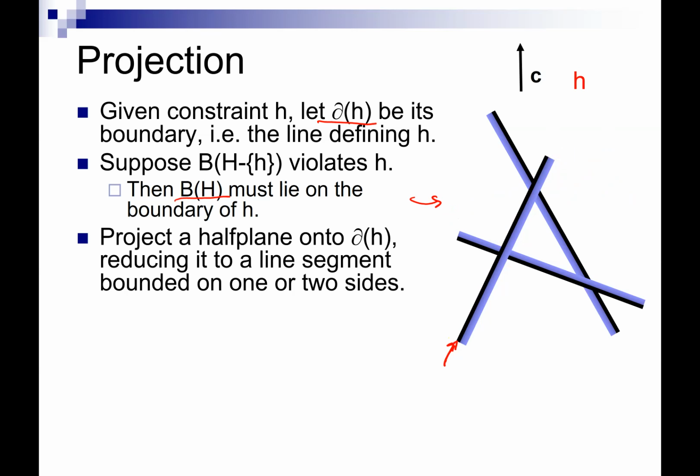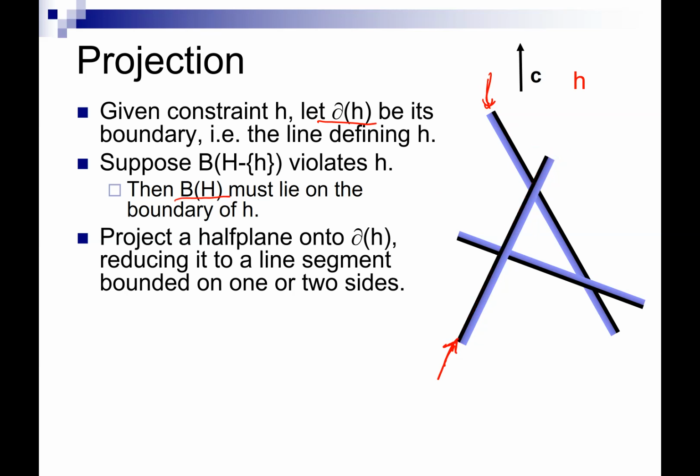Likewise, you're going to project this constraint onto the remainder of h. This is the remaining portion of h over here. When you project this constraint onto this remaining portion, we have to chop off this part over here.